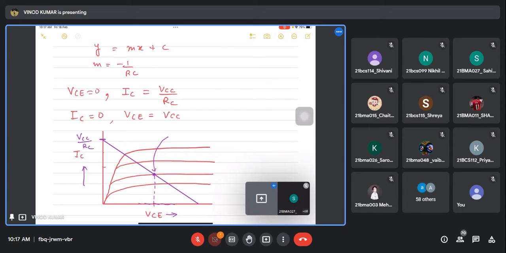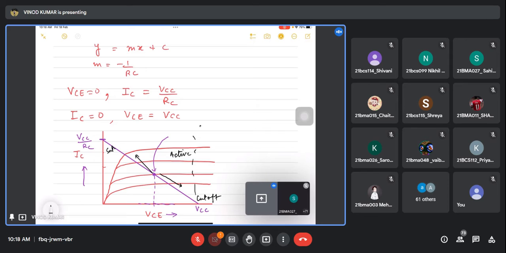So if we see this, if we go towards this side or this side, right? It is the cutoff, and this is saturation. This is the active region.